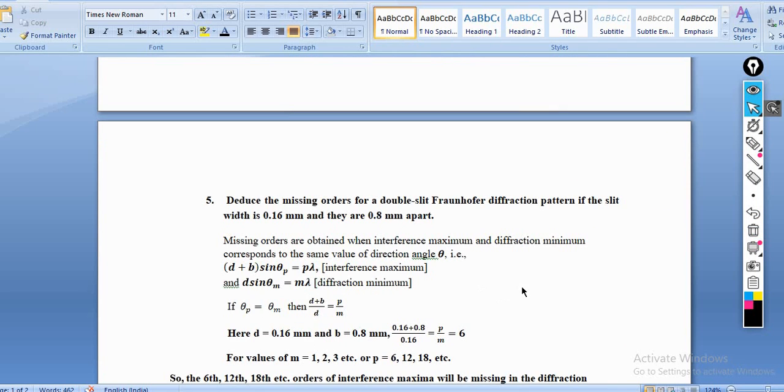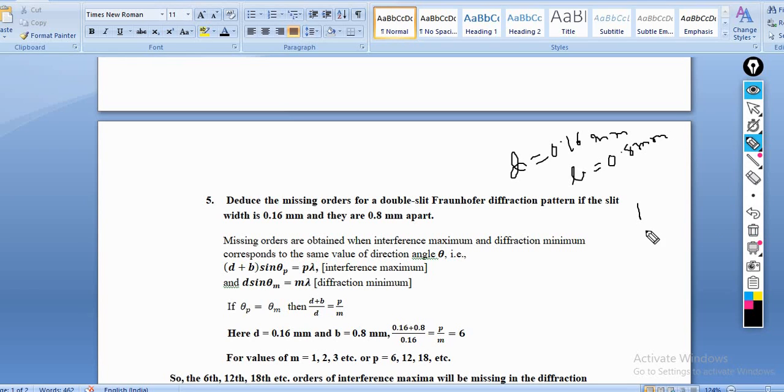Come to the fifth problem. Now in this problem, we are considering a double slit experiment. We try to find the missing order of the double slit Fraunhofer diffraction pattern if the slit width d is 0.16 mm and the gap between the slits b is 0.8 mm.